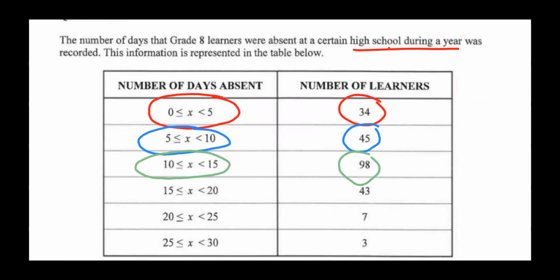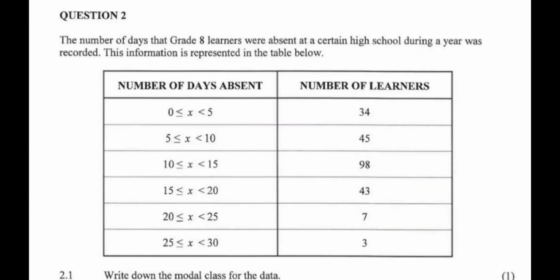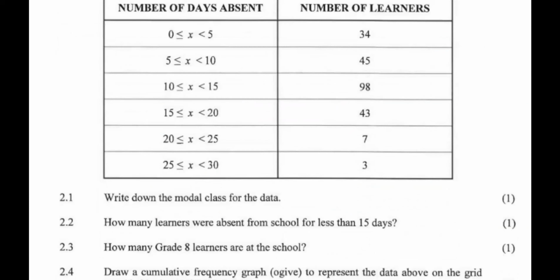At least it's starting to decrease now, because 43 learners were absent between 15 and 20 days, and then 7 learners absent between 20 and 25 days, and just 3 learners absent for 20 to 30 days. I would assume that those learners have valid reasons, perhaps an operation or something like that, where they really couldn't come to school for long periods of time.